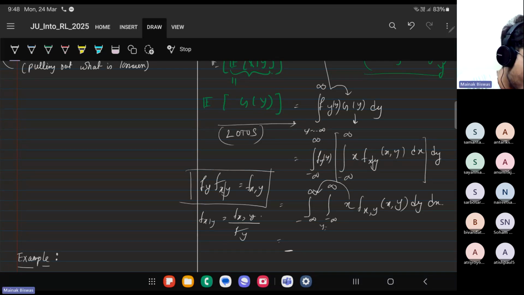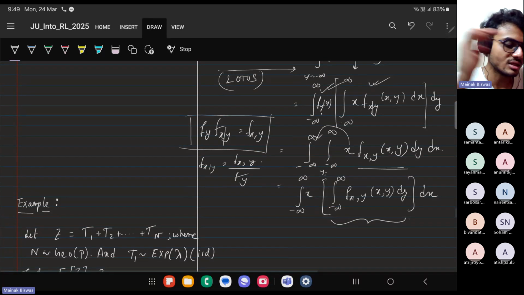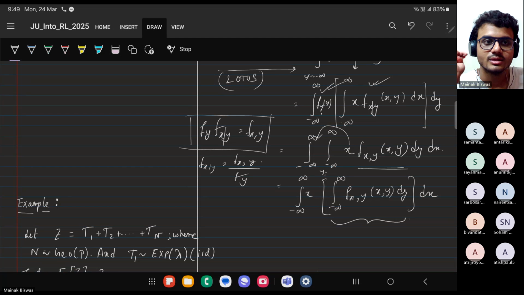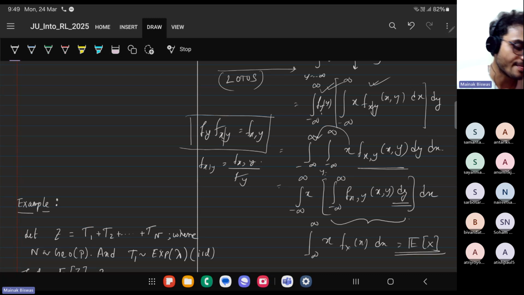So now I just multiplied the marginal with the conditional and I got the joint distribution. Again, I pull the x out and I integrate x f of x, y, dx dy. So what is this going to be? We have already defined this before. This is going to be the marginal with respect to x. Very good, because we are integrating out y. So this will just be the marginal with respect to x, which is the expected value of x. Is this clear to everybody?